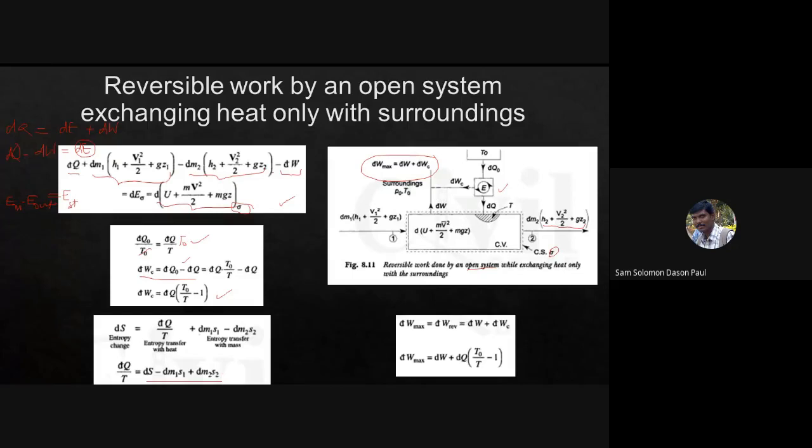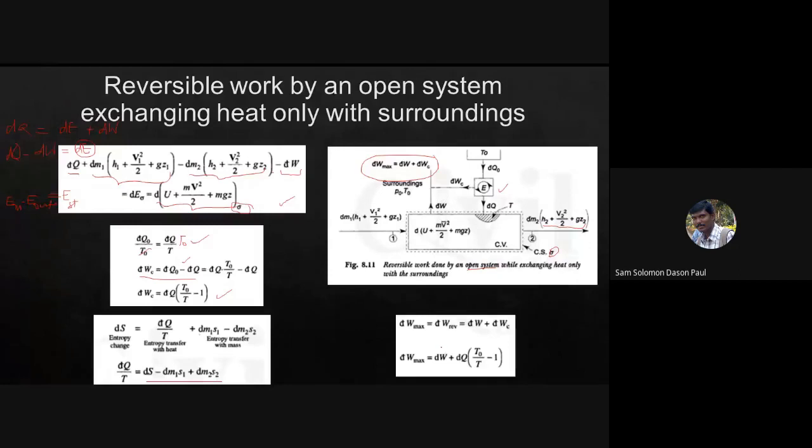Okay. And if we come to this part of the slide, dW max is the dW of the reversible process, and in this particular case, it comprises both the work delivered by the device and the work delivered by the engine, dW plus dWc.